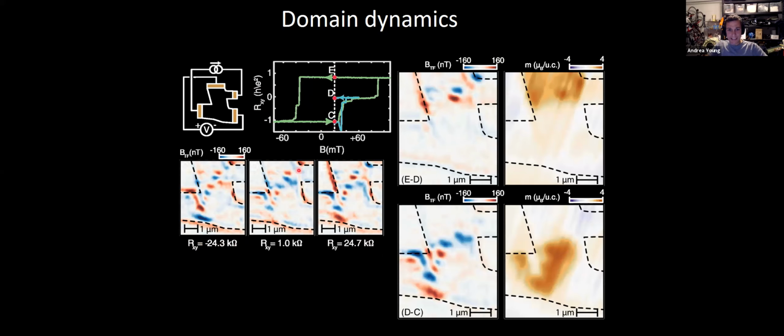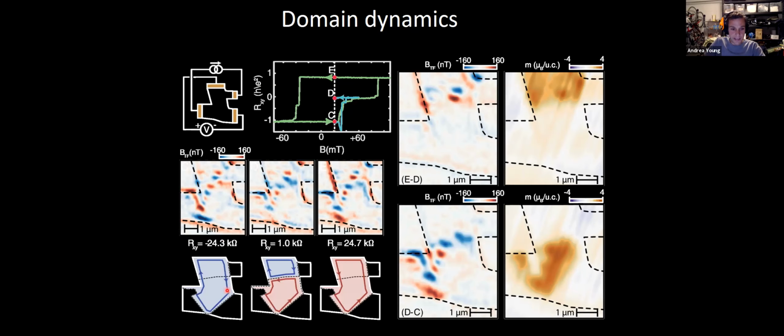And then we can analyze differences of these pairs. And you can see which domain flips in the middle, right? And it makes a lot of sense. You basically are flipping half the sample, and then you flip the other half of the sample. And that's what these discrete steps in the Hall resistance correspond to. So you can basically now reconstruct what this looks like.